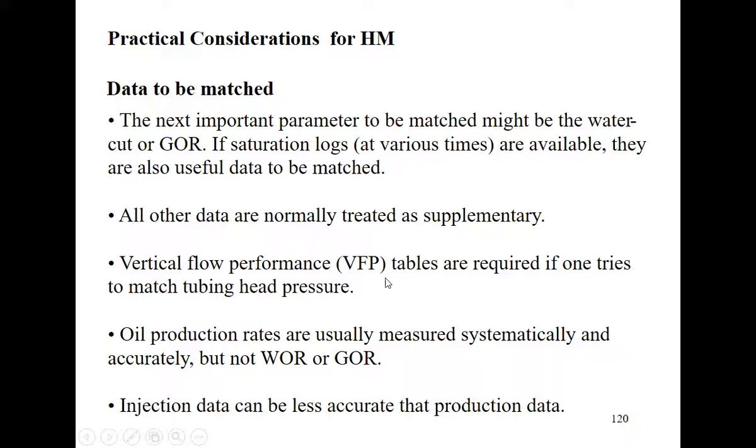So vertical flow performance tables are required if one tries to match tubing head pressure. These tables will take into account the pressure loss in the tubing. So if we want to match the tubing head pressures, we should have these tables to take into account this pressure loss, and then we can match our wellhead pressures.